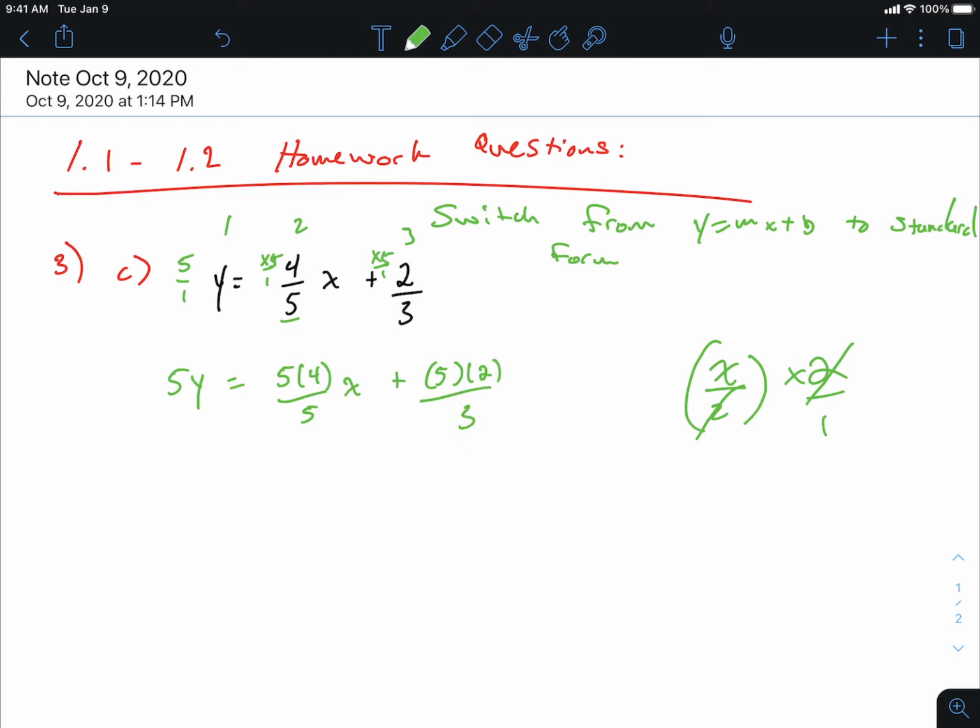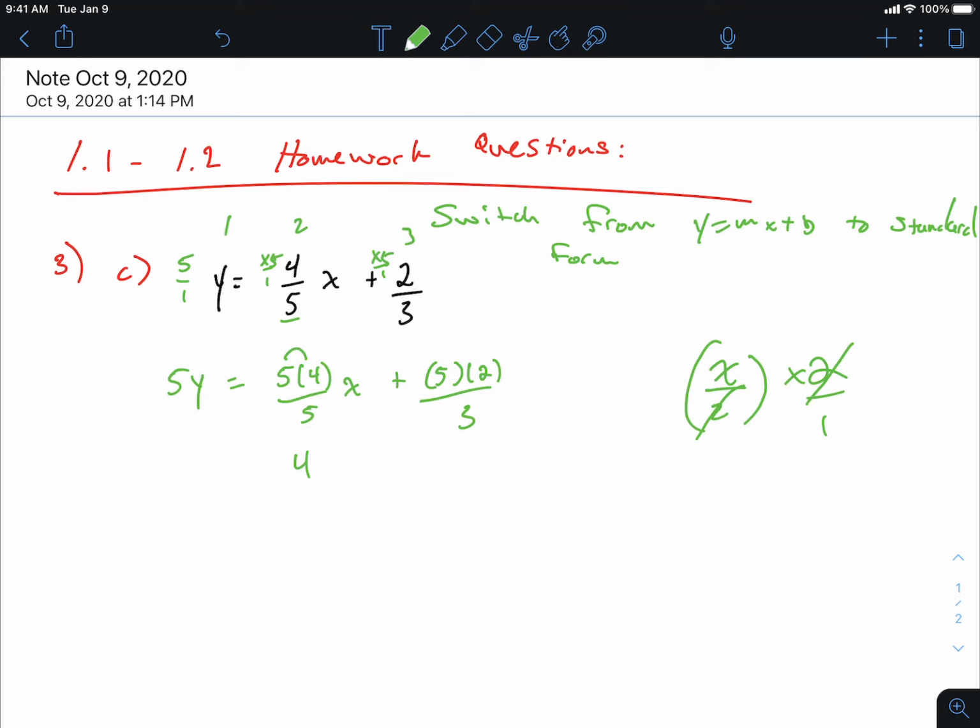And you could do the math, okay? 5 times 4 will be 20. 20 divided by 5 will be 4, right? I'm just doing the math right here. Essentially, you don't necessarily need to do the math all the time.